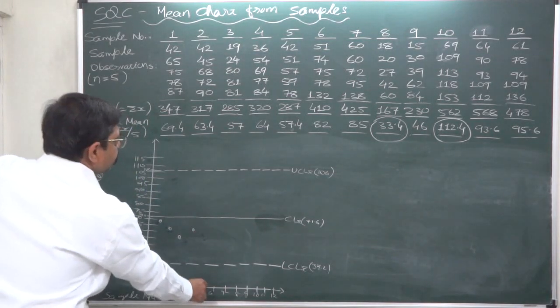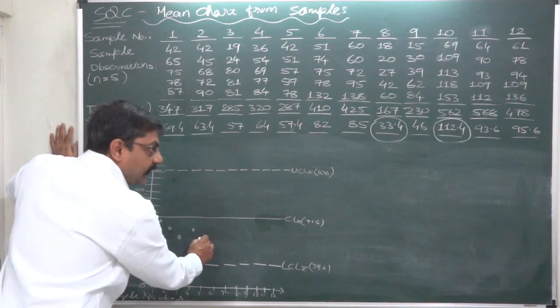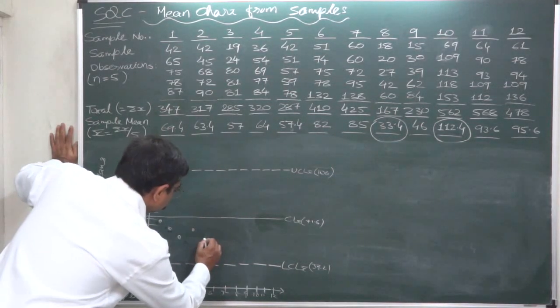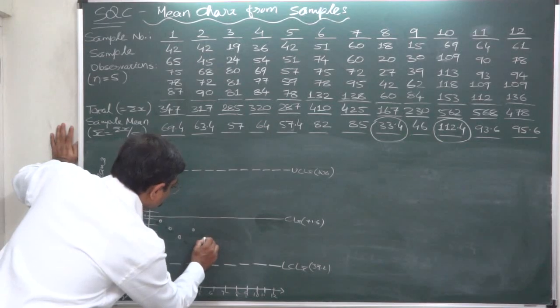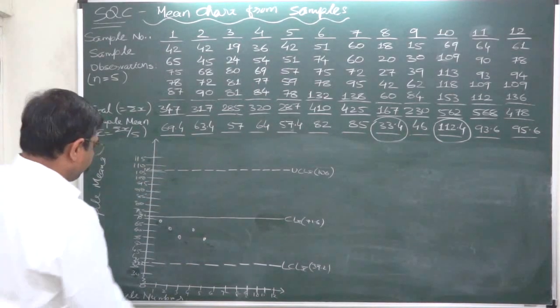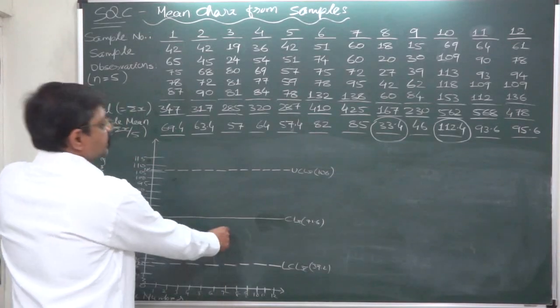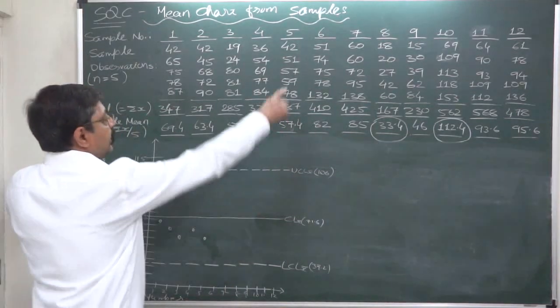Sample number 5, it is 57.4. 57.4, the other one was 57, so slightly above 57. Sample number 6, and it is 82.